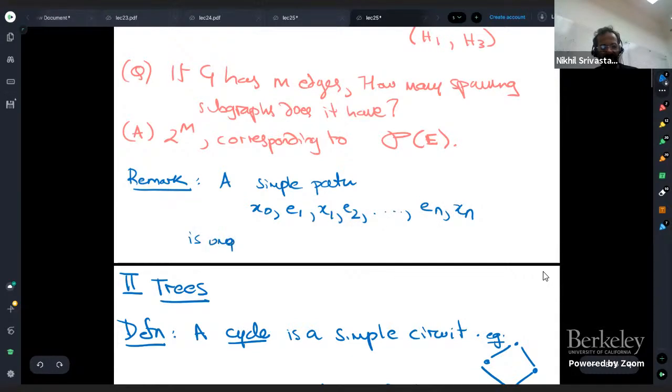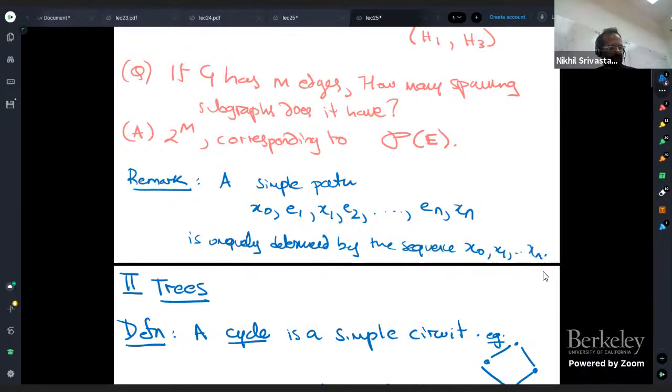Okay, if there are no repeated edges, then, I mean, actually, in a simple graph, a path is uniquely specified by the sequence of edges.